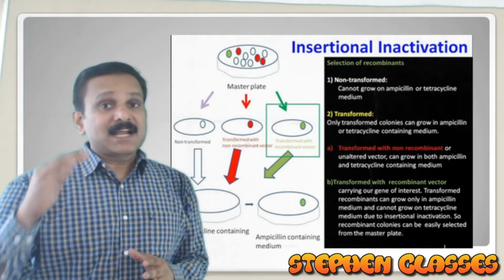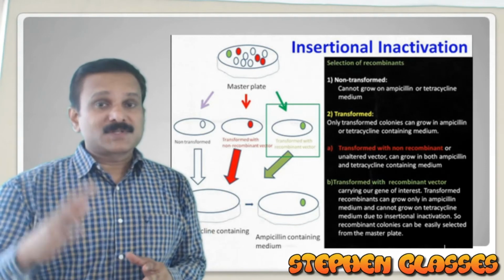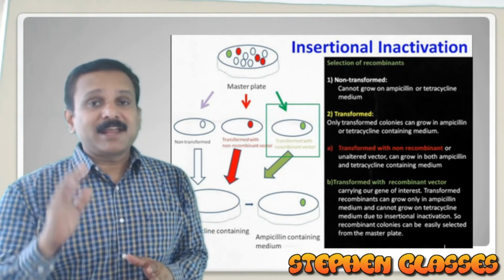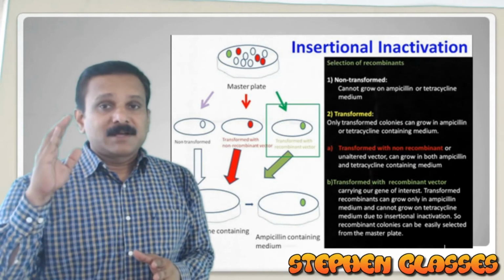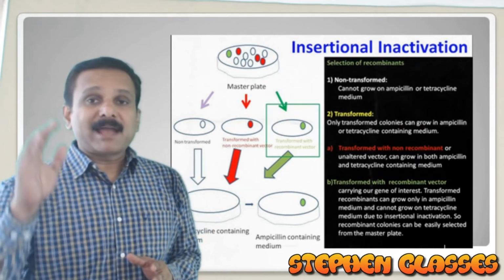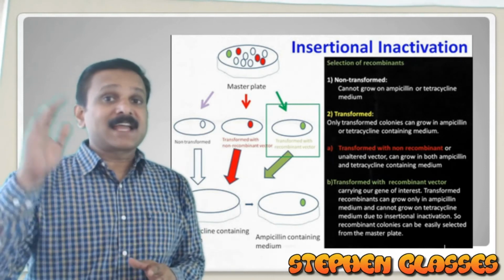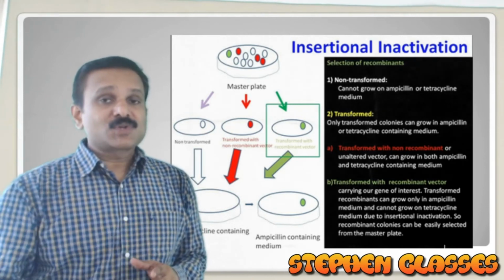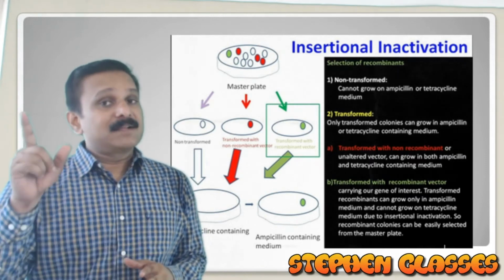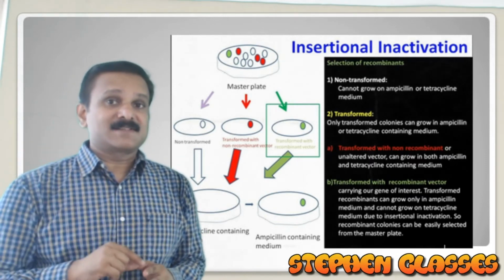So the tetracycline resistance will be lost in the case of recombinants. So all the recombinants will lose the tetracycline resistance, but they will have ampicillin resistance.